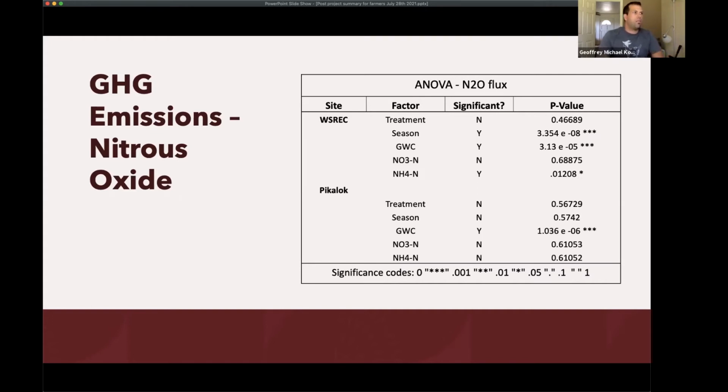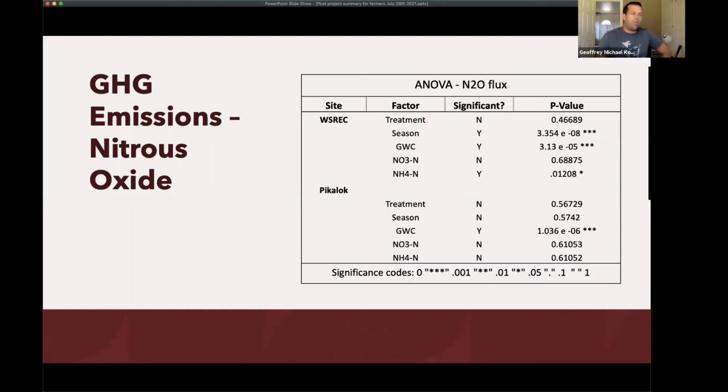So at the Pikalok site, we see the treatment, so the cover crop or no cover crop, wasn't significantly different. Season wasn't significantly different, but gravimetric water content was. So as the water content of the soil changed, so did the nitrous oxide emissions. That's what this is essentially saying.